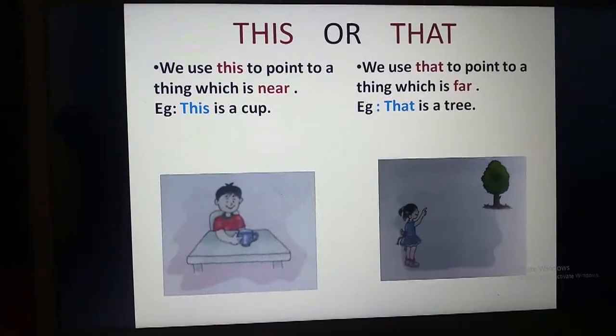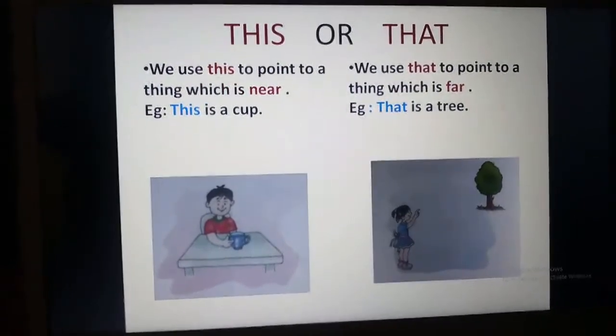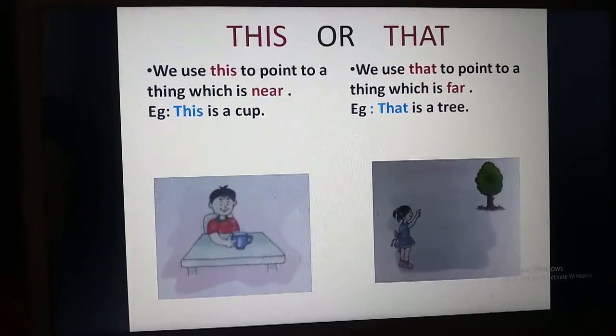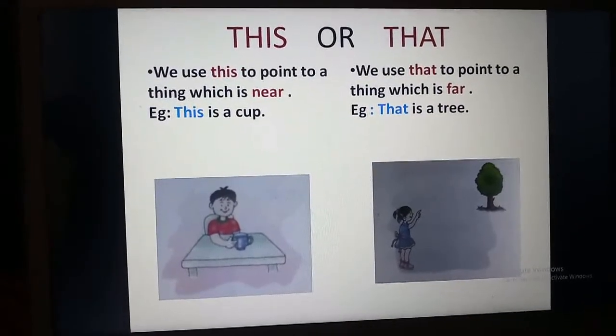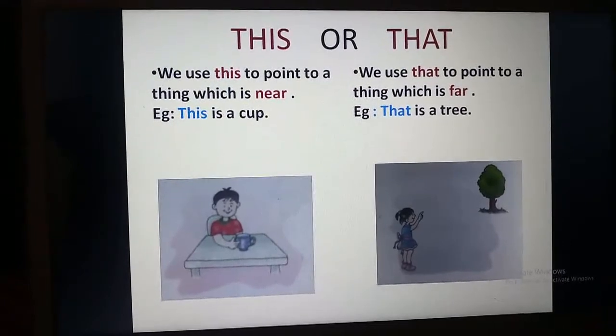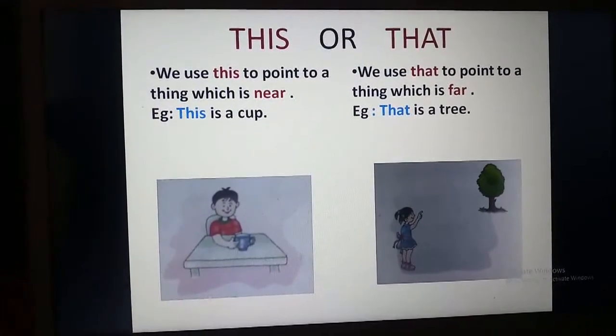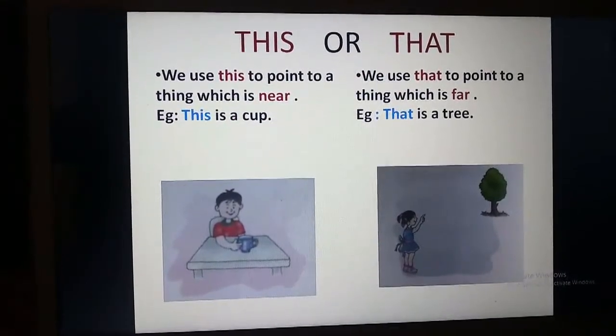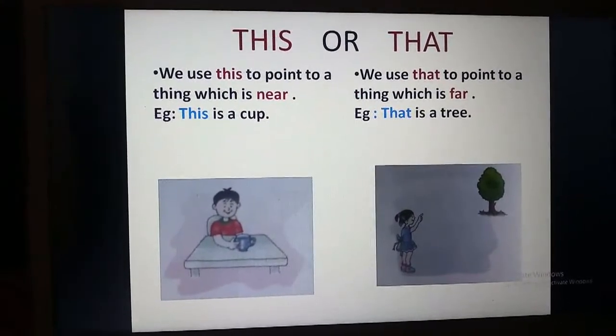Understood? You have to keep in mind only one thing. Near, this. Far, that. If anything is near to you, you will write this. And if anything is far from you, then you will write that. Okay?